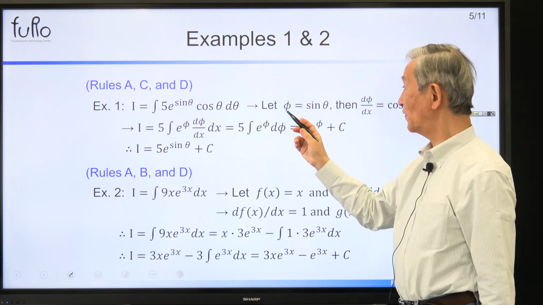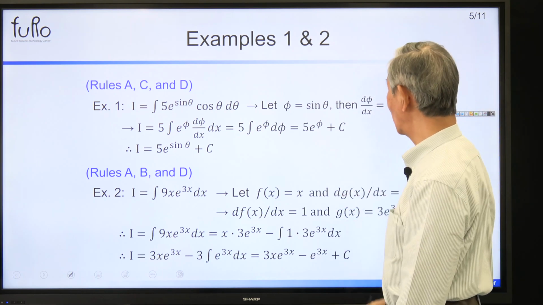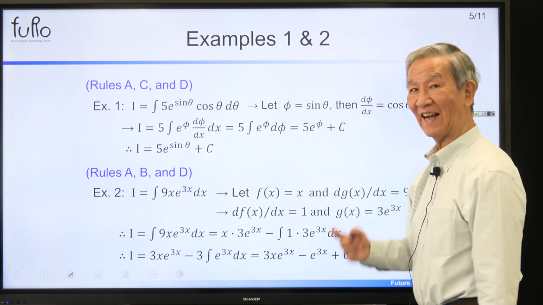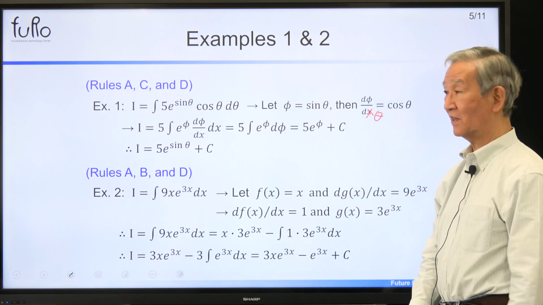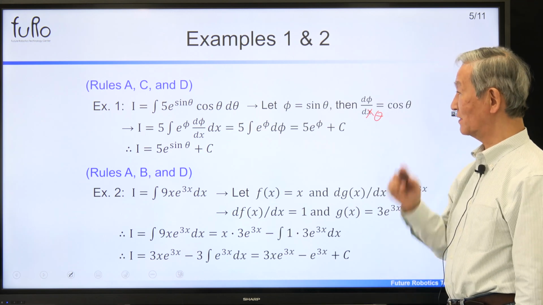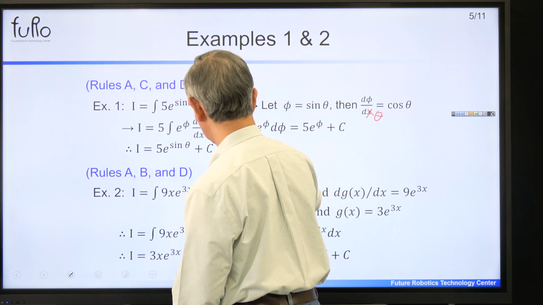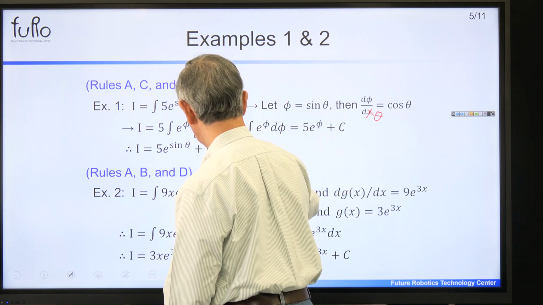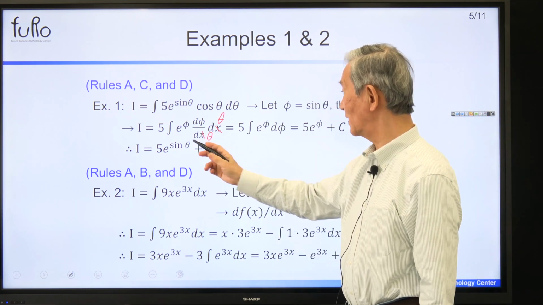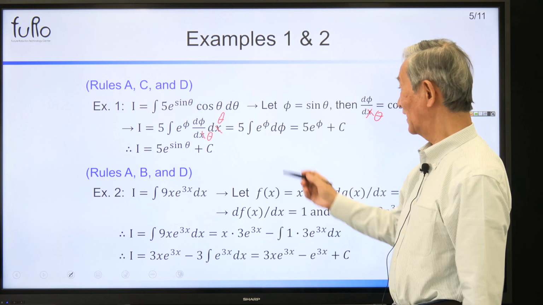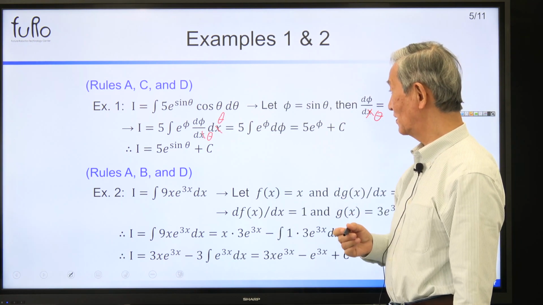So let phi be sine theta, then differentiating that in terms of theta, of course, you get cosine theta. So this integral here is e to the phi d phi. And rule C says this is nothing but that. And since this is exponential, that's e to the phi plus C.